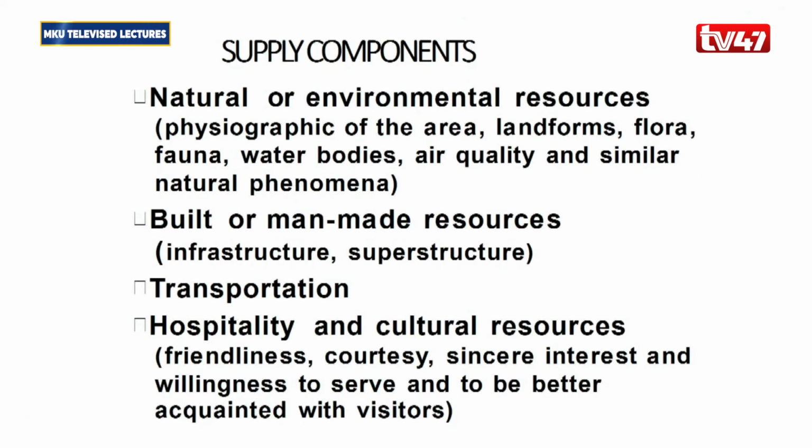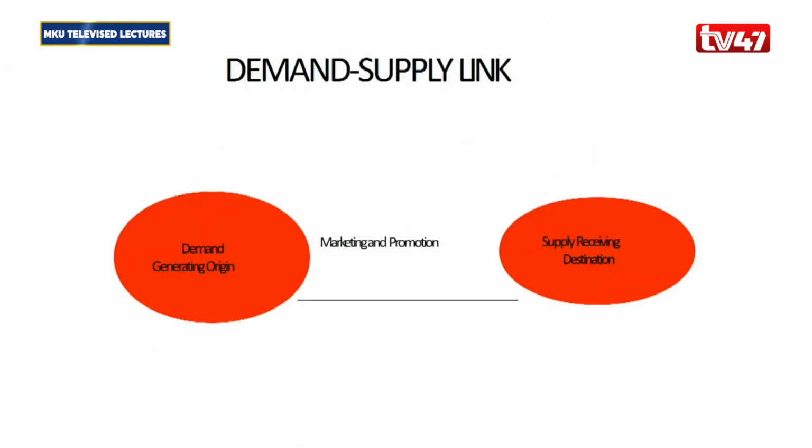And the other one is the hospitality and cultural resources. Here we are referring to the friendliness, the sincerity of the people there, their courtesy, and their willingness to serve and to be better acquainted with the visitor. That also becomes a very key component within tourism supply, the hospitality and cultural resources of the destination itself.